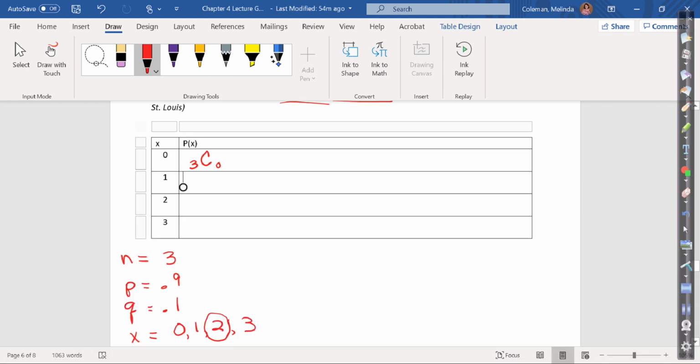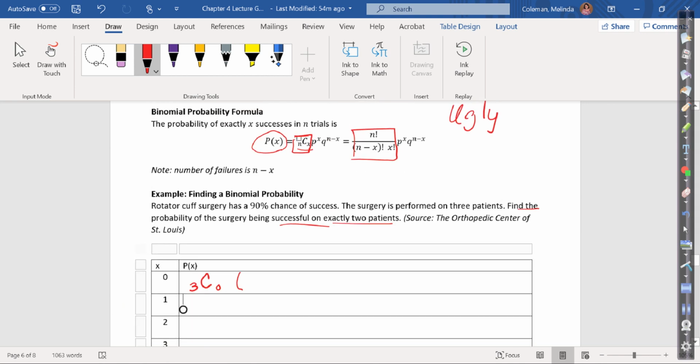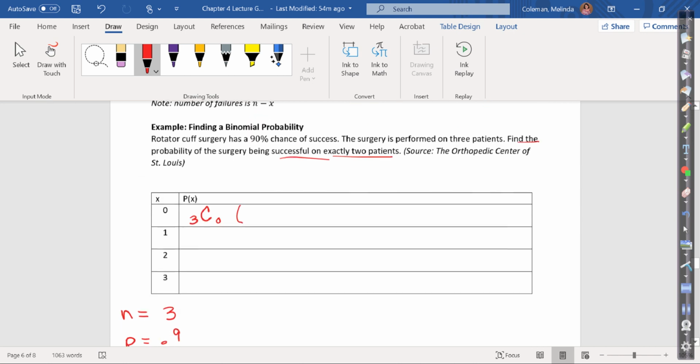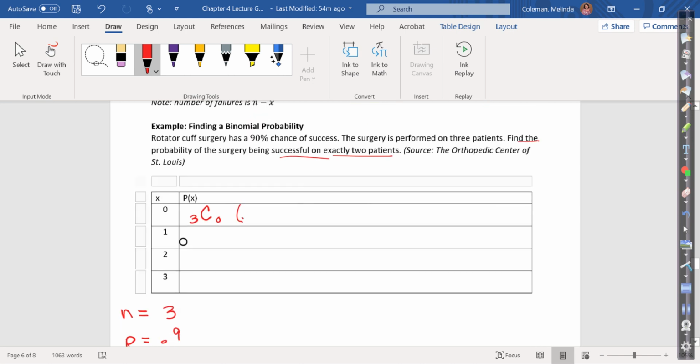Then I'm going to multiply that by the 0.9, which is my P raised to the X power. So 0.9 raised to the 0 power times the failure, which is 0.1 raised to the 3rd power.